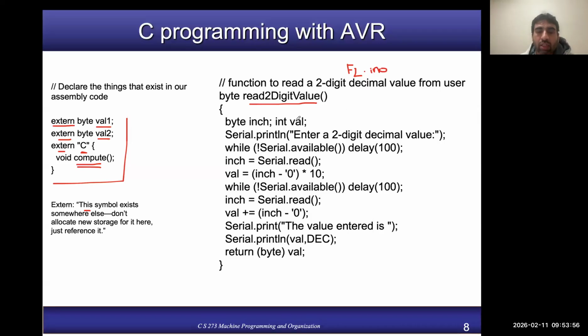So here, in this function, we are first defining a variable inch of type byte, so it has a size of 1 byte. We have another variable named val, and its type is int, which means it will occupy 4 bytes in memory. Now, Serial.println: enter a two-digit decimal value.